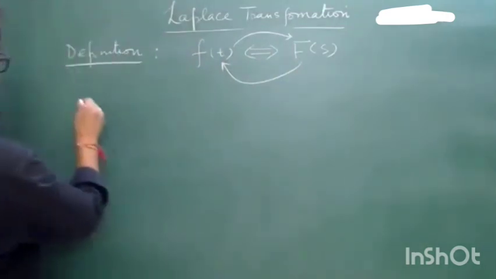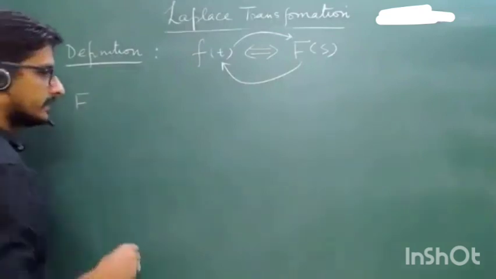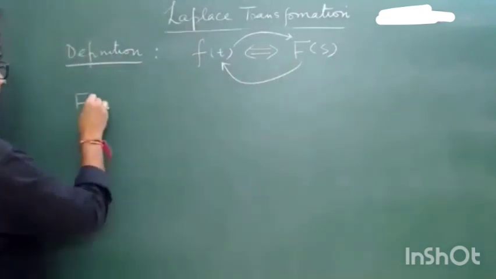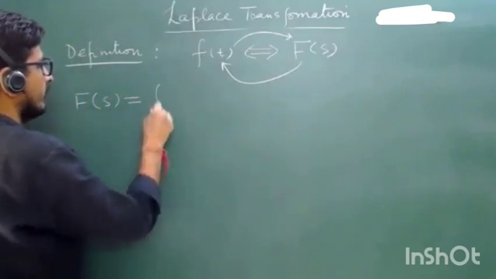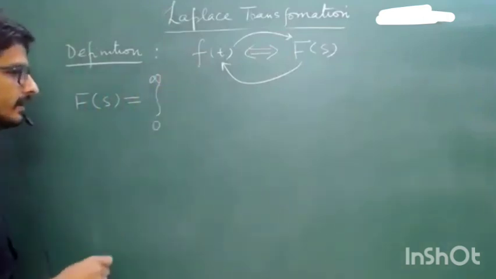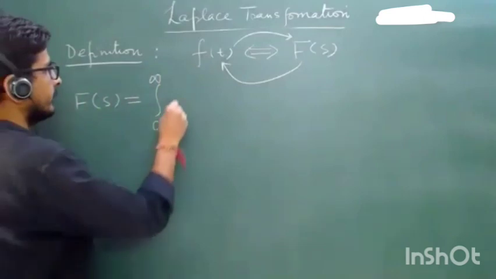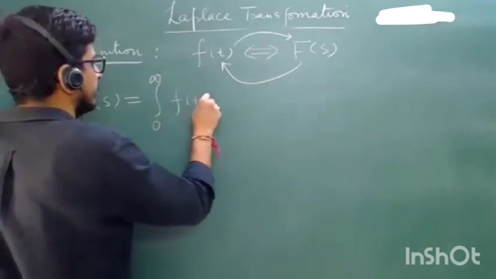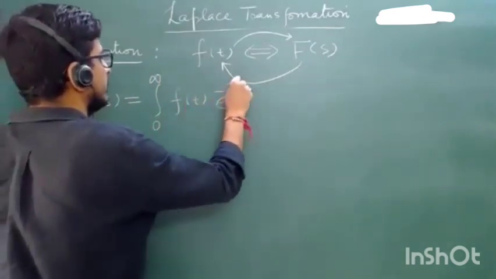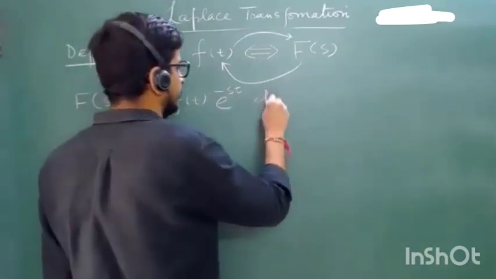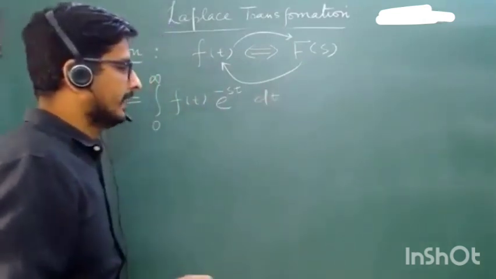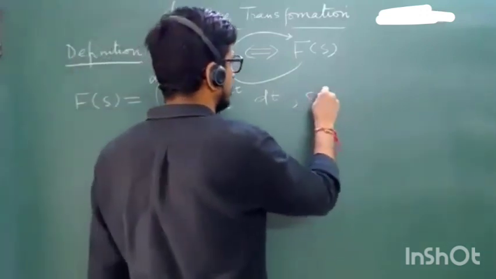So what is the definition? The definition is given by F(s) is equal to integral from 0 to infinity. I told you the limits are 0 to infinity. f(t) e to the power minus st dt. So you can see, and s is a positive quantity.